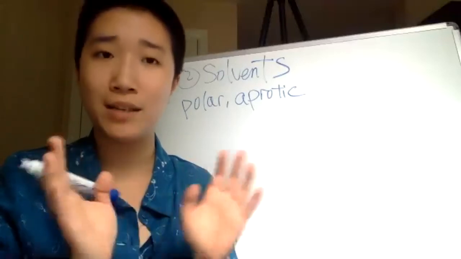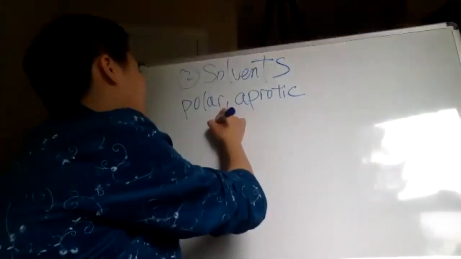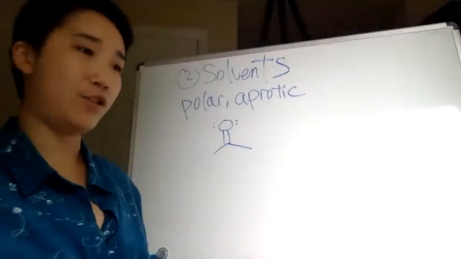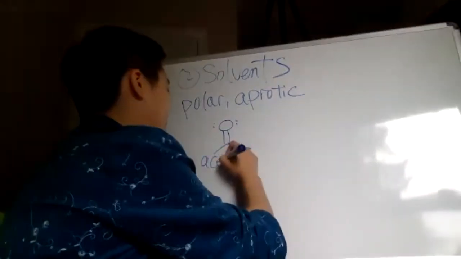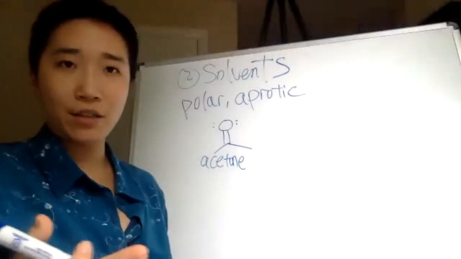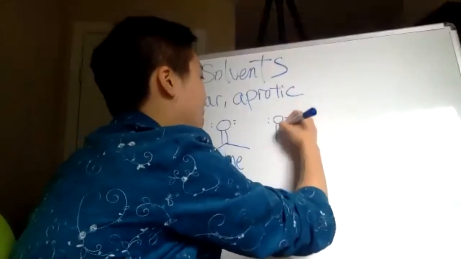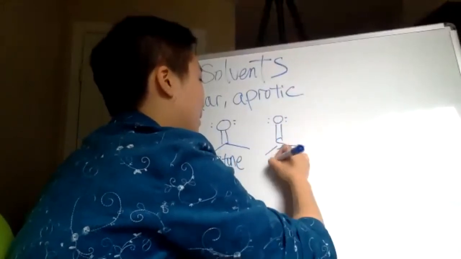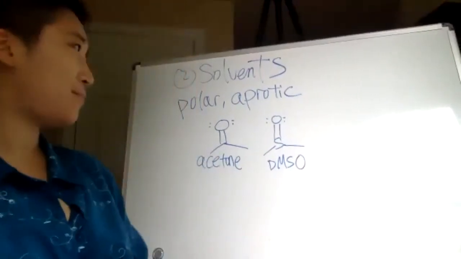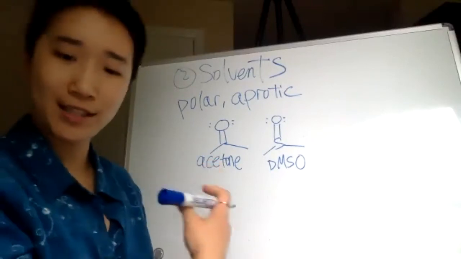So I'm going to give you some examples of polar aprotic solvents. For example, we have acetone. We also have something that looks very similar to acetone and you've already learned about, which is DMSO, dimethyl sulfoxide. Okay, what else? Well, we have acetonitrile, which looks like this.